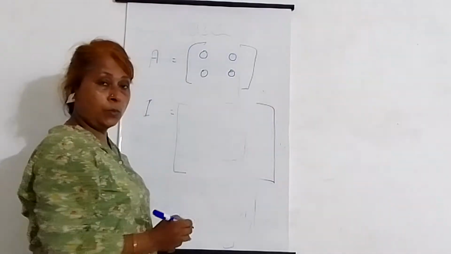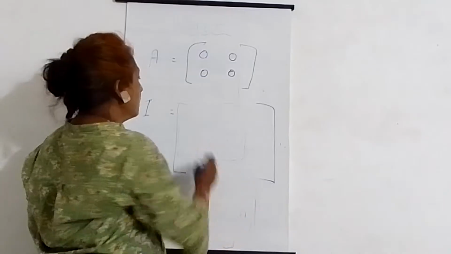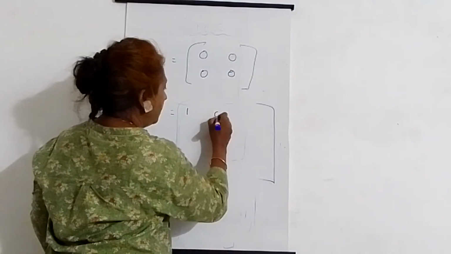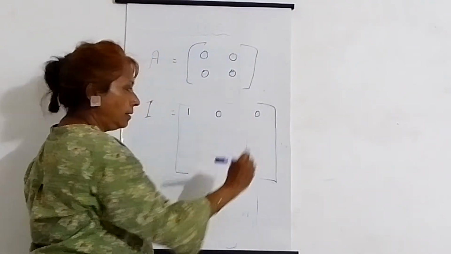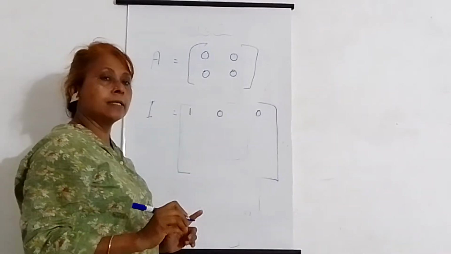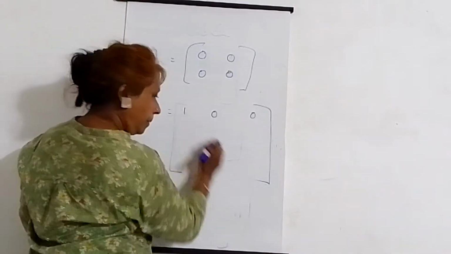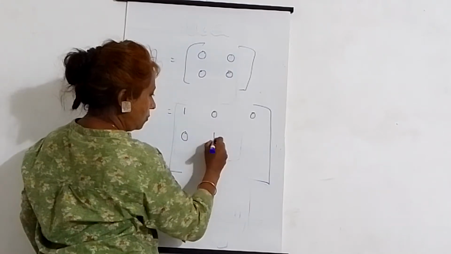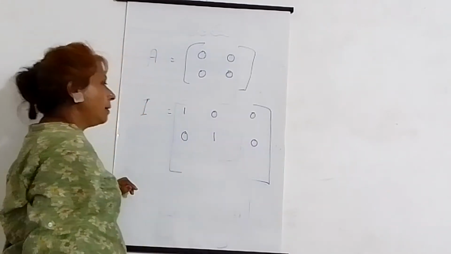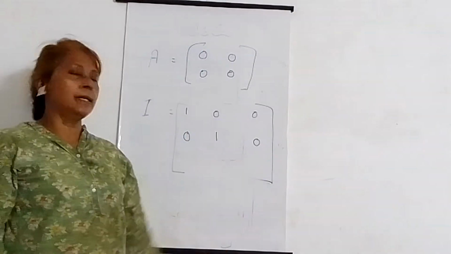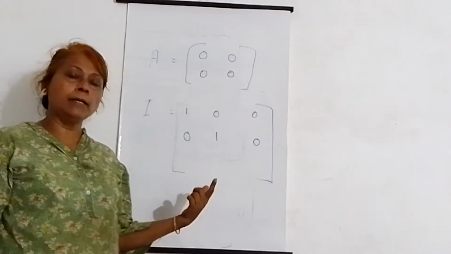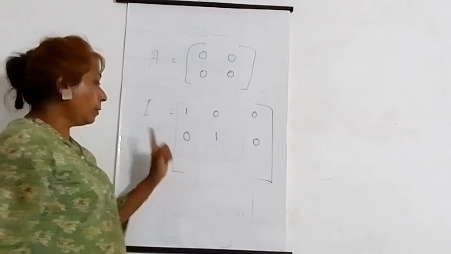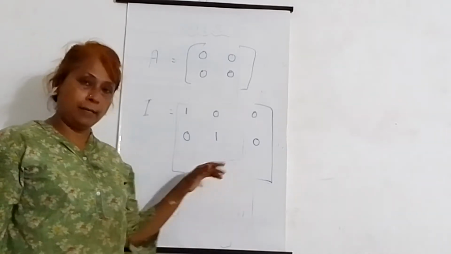For example, I am going to write a 3 by 3 matrix, and only the diagonal numbers can have value. All the other members in the matrix are 0. See, the diagonal is 1 and the others are 0. This is the first row, this is the second row. Is it a square matrix? No. One more row is necessary to make it a square matrix.